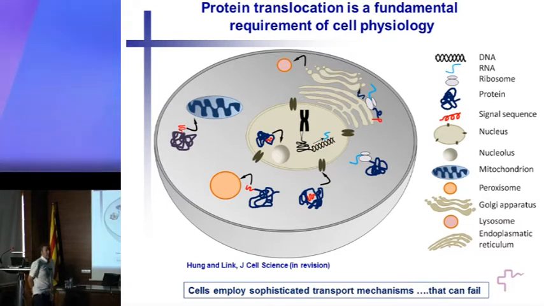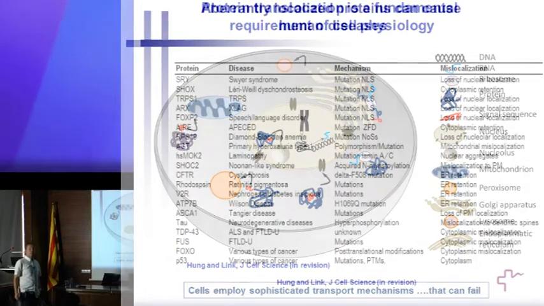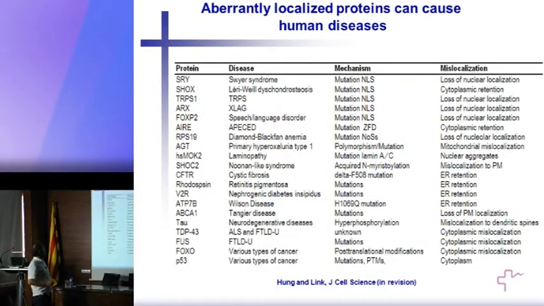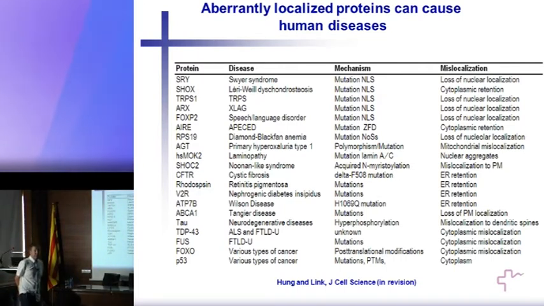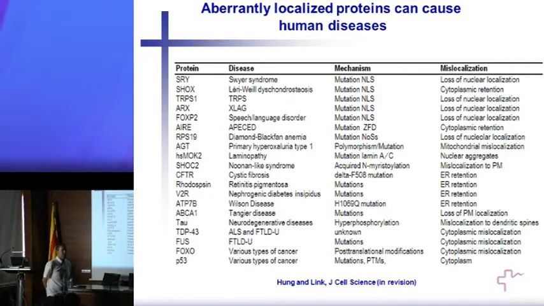So, as you can imagine, the cell employs sophisticated transport mechanisms, and this mechanism can fail, leading to mislocalization of proteins. And aberrantly localized proteins can cause human diseases as distinct as Alzheimer's disease, cancer, or kidney stones. So here is just a short list of proteins whose mislocalization can cause diseases in humans.